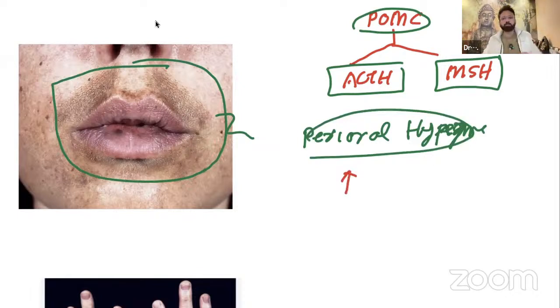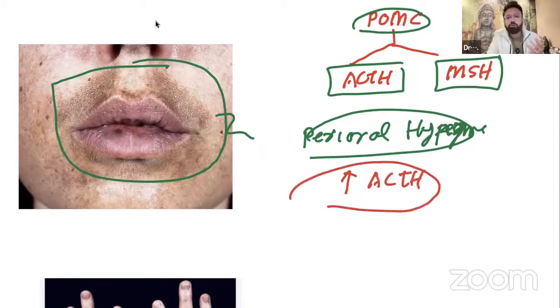Recently asked question in INICET. So whenever there is an excessive amount of ACTH, it behaves like melanocyte stimulating hormone. It causes hyperpigmentation. So either there is Cushing disease, or Addison disease, or even Nelson syndrome.